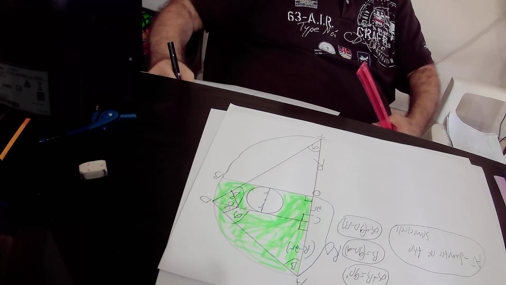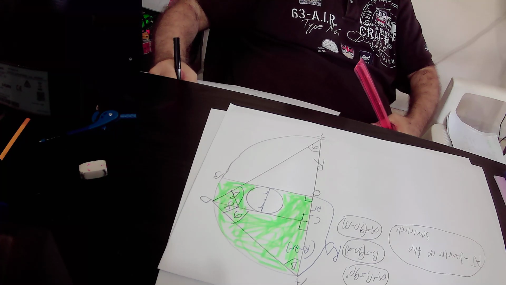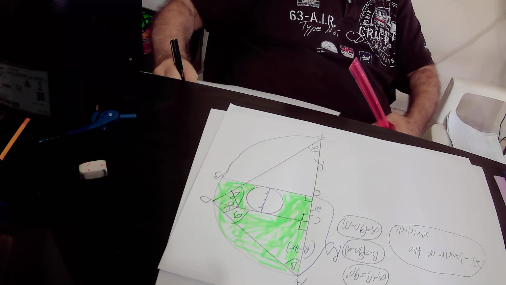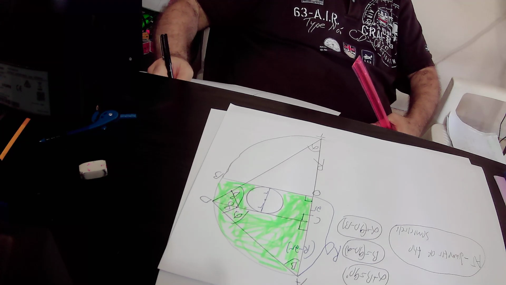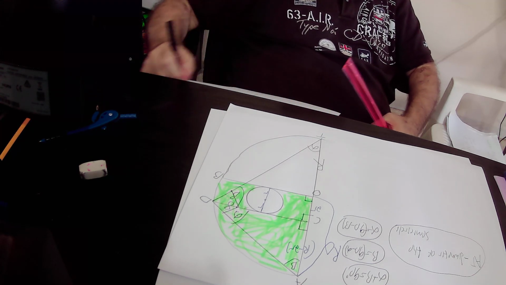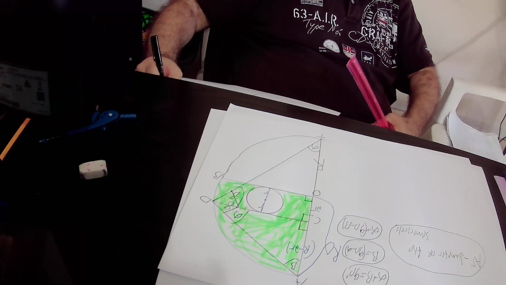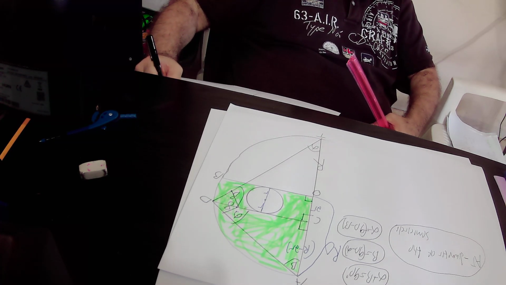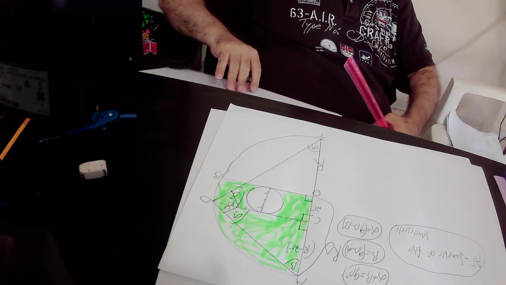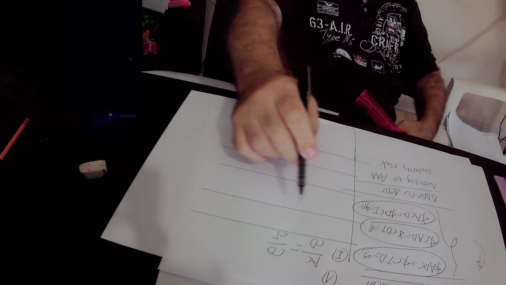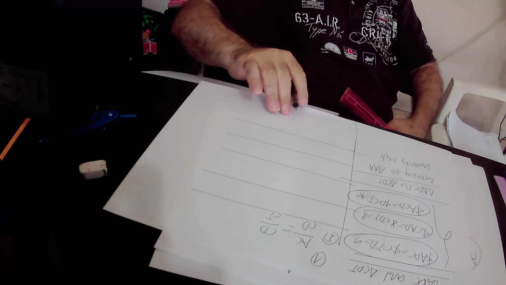We conclude that AC over CD equals CD over CT. I'll repeat again: AC over CD equals CD over CT.